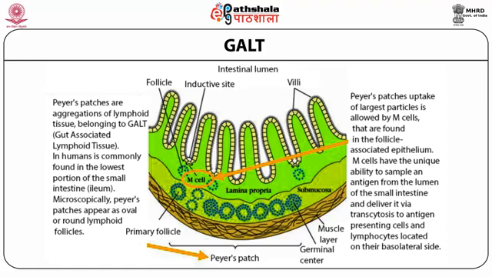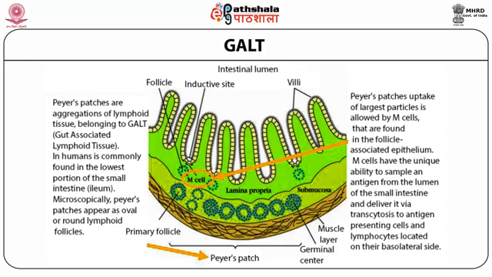So, a complex mechanism involving these APCs and the T cells decides whether the sample antigen results in tolerance, that means no immune response is initiated, or should it provoke an immune response. Similar mechanisms also exist in NALT, BALT and lymphoid tissues which are associated with genitourinary tracts.